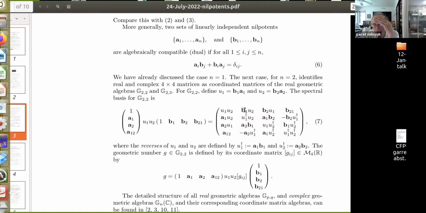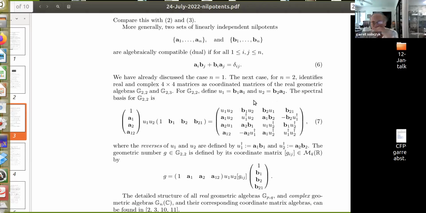In fact, this element B1 times U2, that's B1 times B2 times A2. That's what it is in terms of the nilpotents. We can write it entirely in terms of nilpotents. B1 times U2: U2 is B2 A2, so it's B1 B2 A2.